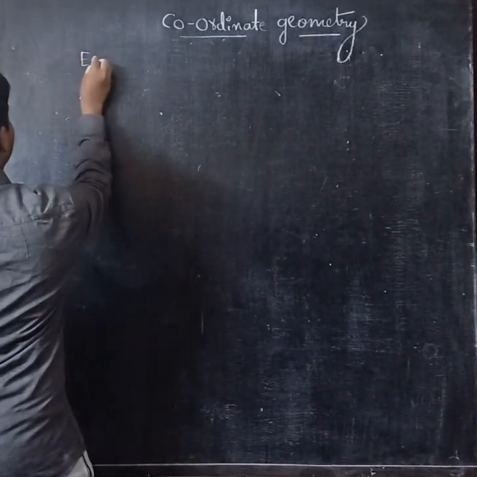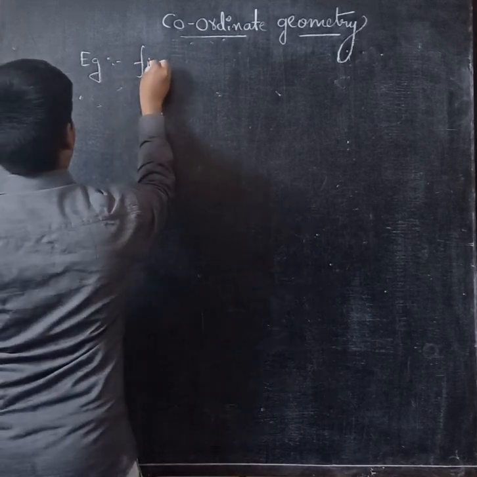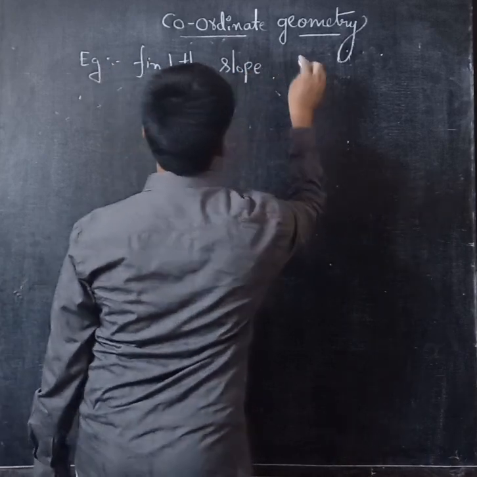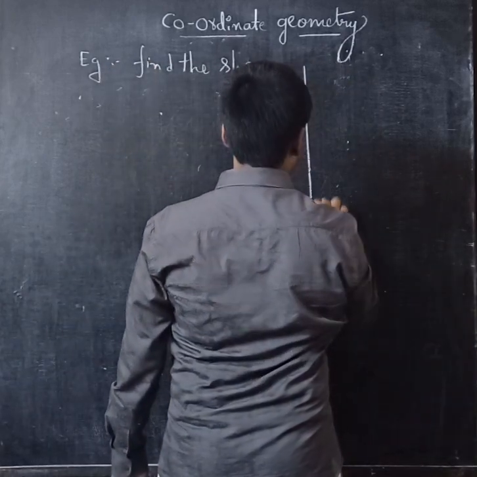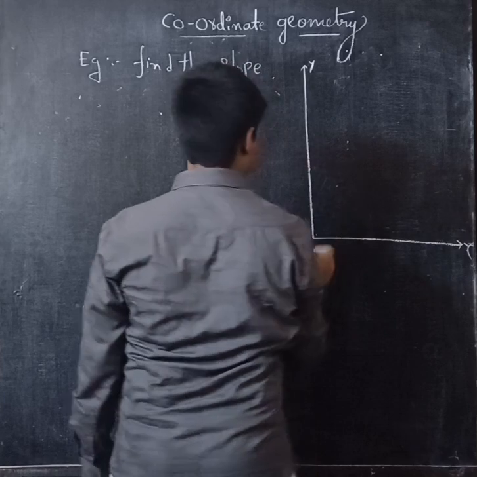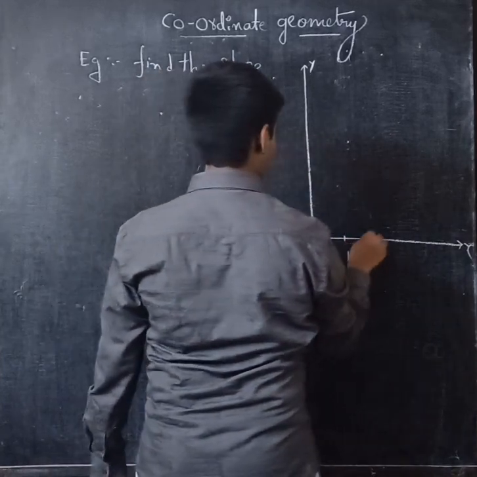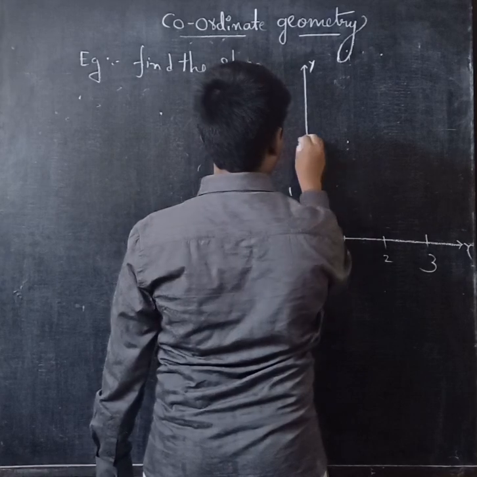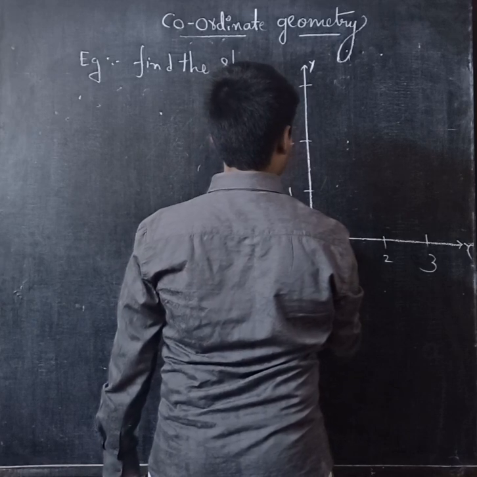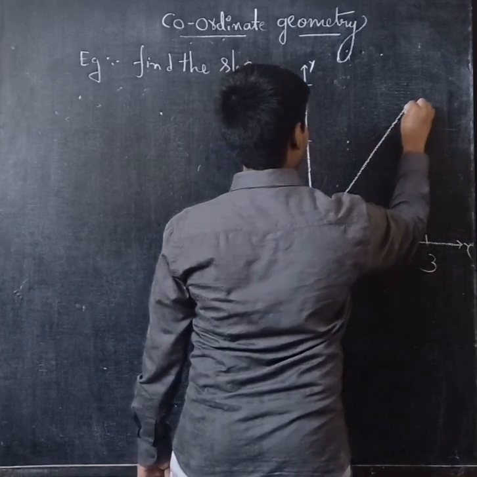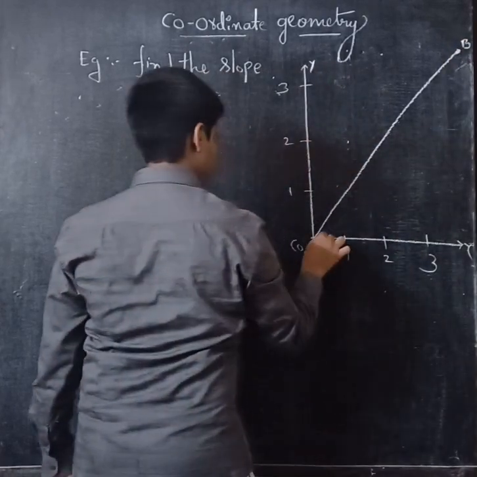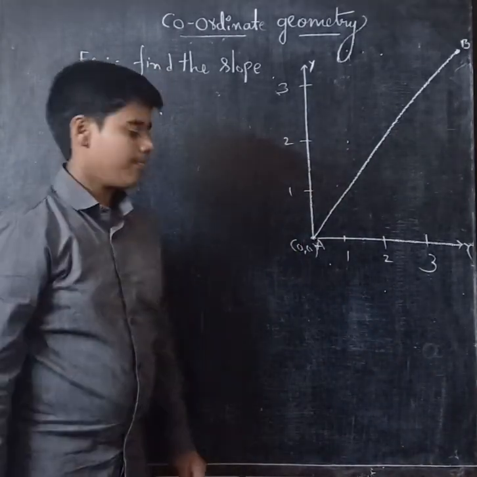And the next example. Find the slope. How to find it if they give a graph like this? Draw it like this.